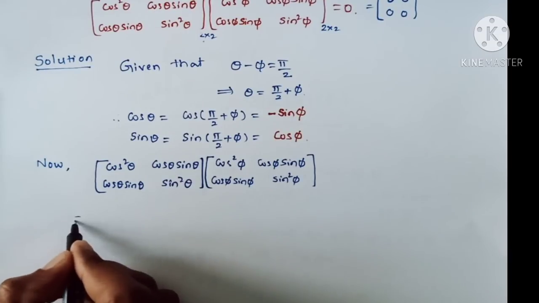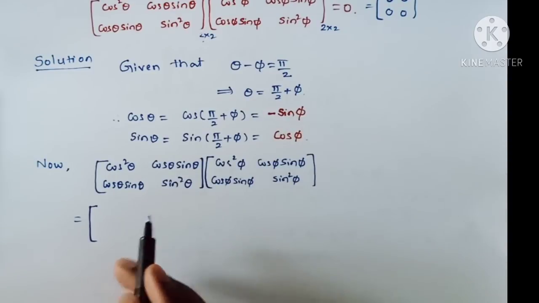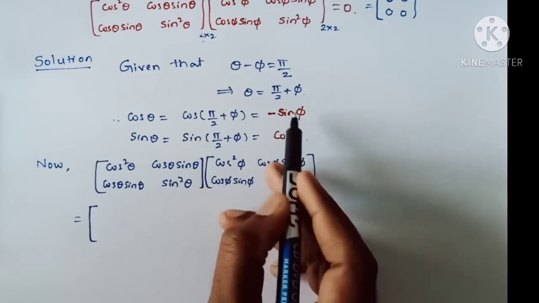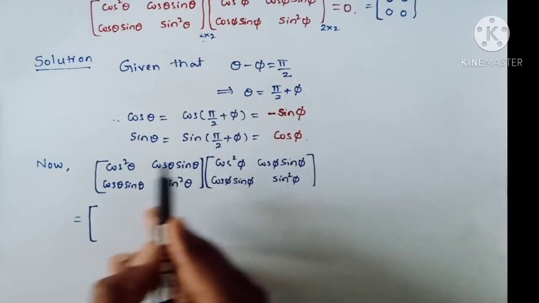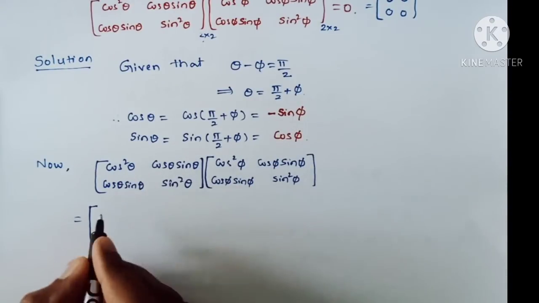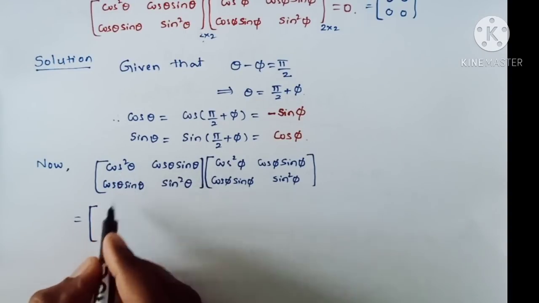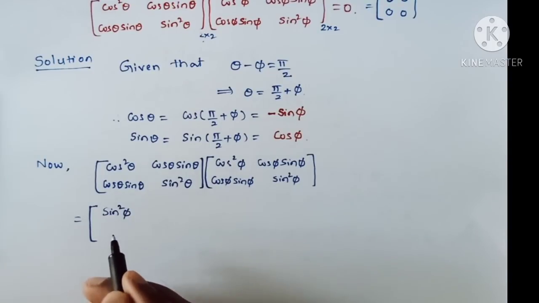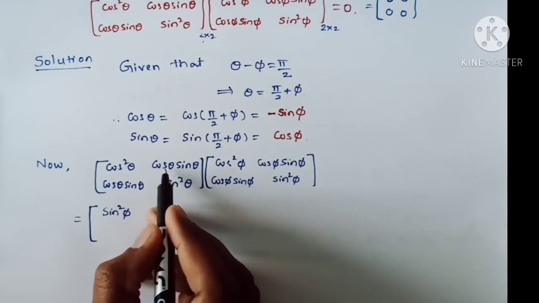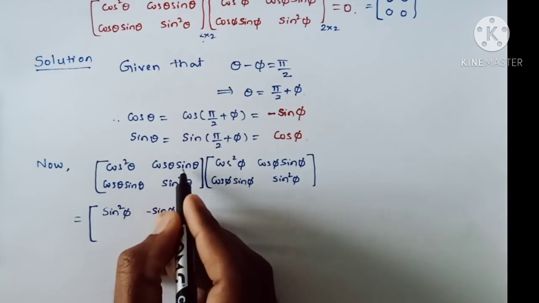Now I am changing cos theta and sin theta by replacing these two values. Here cos theta is minus sin phi, whose square is sin square phi. And cos theta means minus sin phi into sin theta.